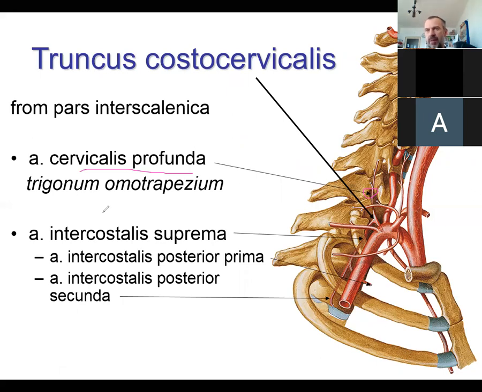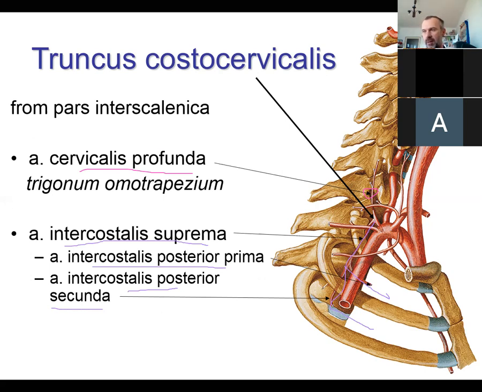So it runs within the omotrapezoid triangle. And the supreme intercostal descends here to supply the first and second intercostal space from dorsally. So it gives first and second posterior intercostal artery.